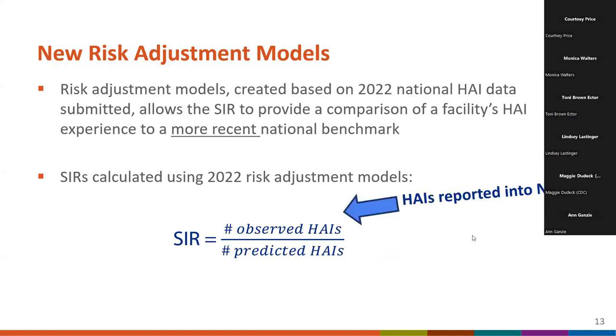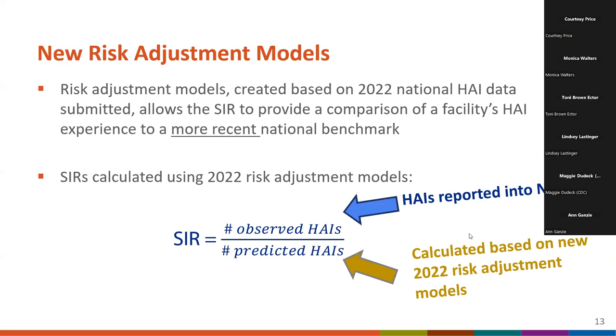The numerator of the SIR, as we just mentioned, is not changing. This is still the HAIs reported into NHSN. The denominator of the SIR, this is where we see a change. After the rebaseline is implemented, the denominator of those new SIRs will be calculated based on new 2022 risk adjustment models.